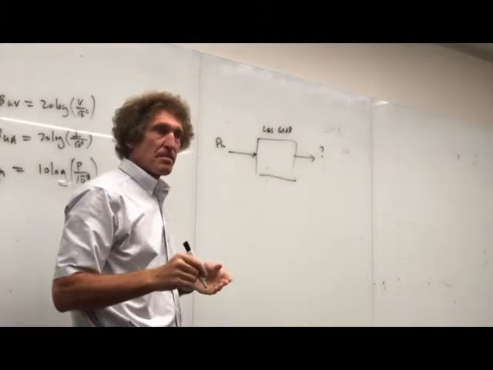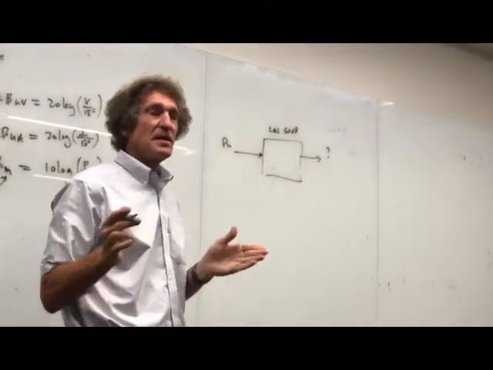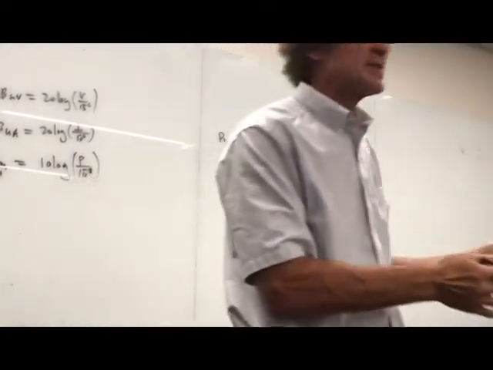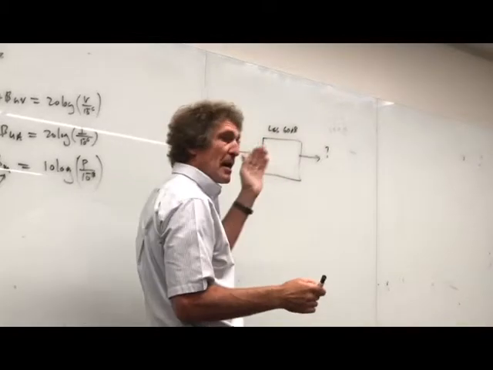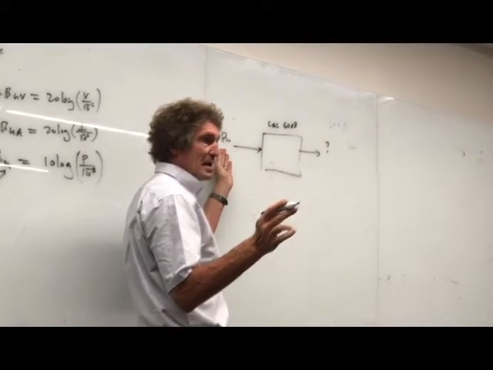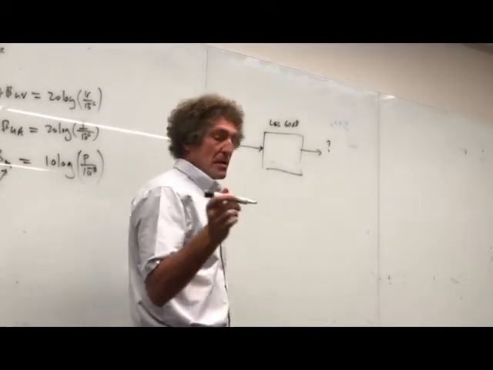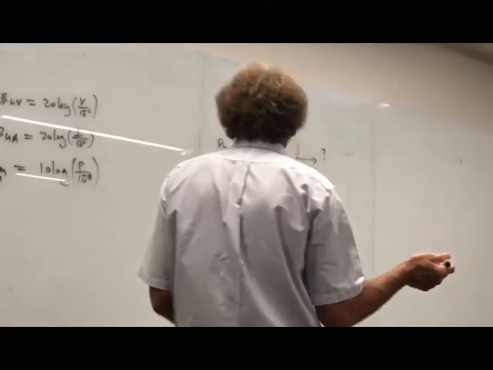Are you with me? The way you always do a problem like this, 60 dB loss means you're going to subtract 60 from the dB coming in. It doesn't matter the units. It does matter the units, it has to be in decibels, but it could be dB milliwatts or just dB watts. But I'm gonna do it in dBm.